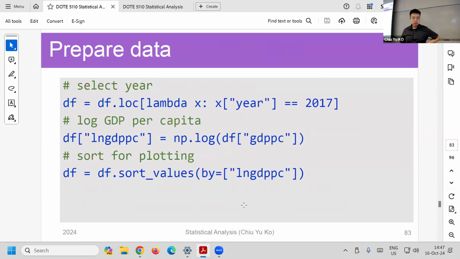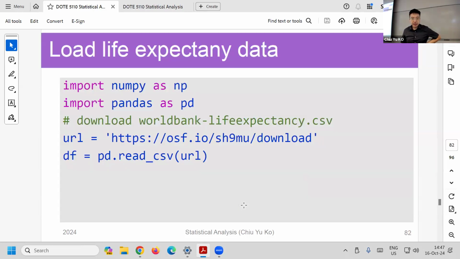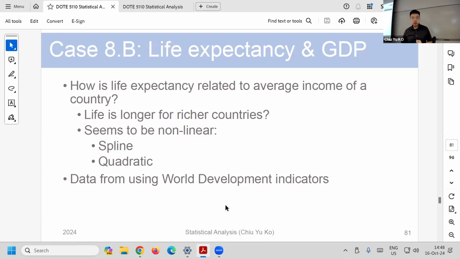Okay, so I guess we haven't looked at how to check the data. So let's look at the case study, which I don't think we covered last time. This is the data, from the World Development Indicators, I think from the United Nations.